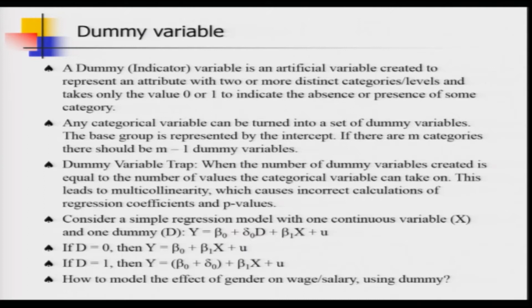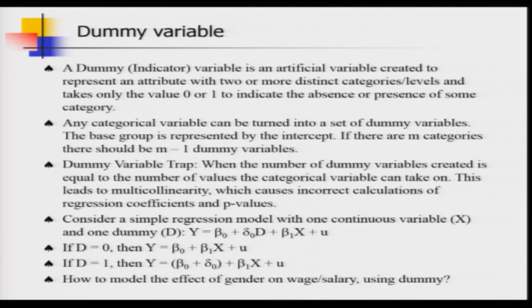Okay, so let us first have a look at the regression equation for the base category. For the base category, the dummy will take on value 0. So, you have a much simplified equation, which you are quite familiar with: y equals beta naught plus beta 1 times x plus u. What if my dummy variable takes value 1? That means there is presence of one particular attribute value or label for the qualitative variable, and then you plug the value of D equals 1 in the mother equation, and you get y equals beta naught plus delta naught plus beta 1 times x plus u.